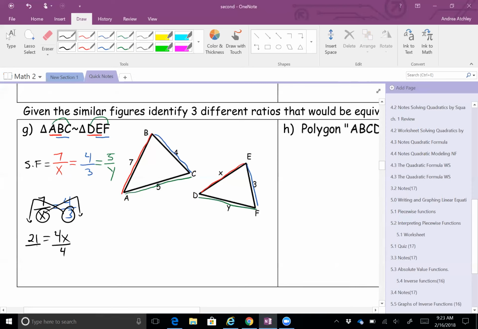Divide by 4, divide by 4. And I would get x equals 21 over 4. I can go into 21 5 times with 1 left over. It'd be 0.25, it'd be 1/4. 5 and 1/4 is 5.25. Not sure? Get a calculator, divide it. Any questions over that? We're all good?